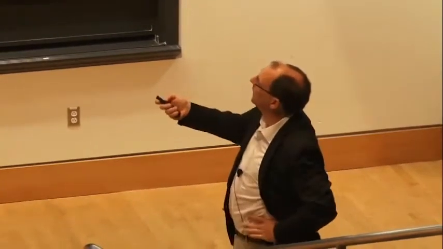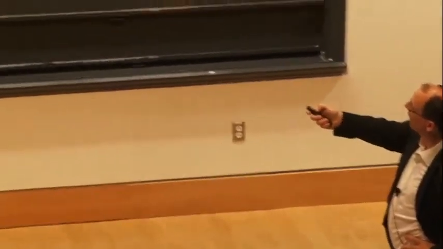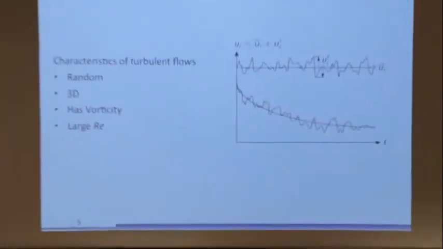But when we talk about Reynolds averages, you don't want to resolve the turbulence dynamics. You would just solve for the mean flow. You can do that in 2D. You can do it in 1D if you have a problem that's statistically one-dimensional. It also requires a large Reynolds number, otherwise it doesn't get turbulent, and it relies on vorticity.